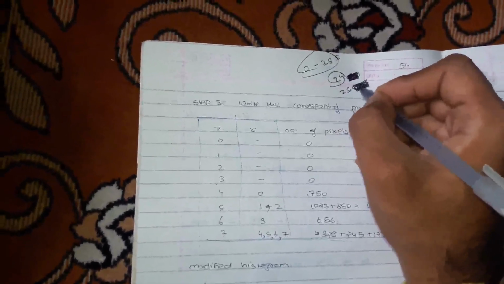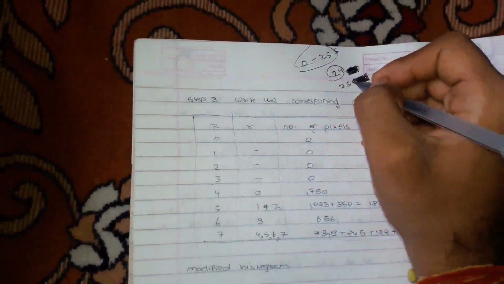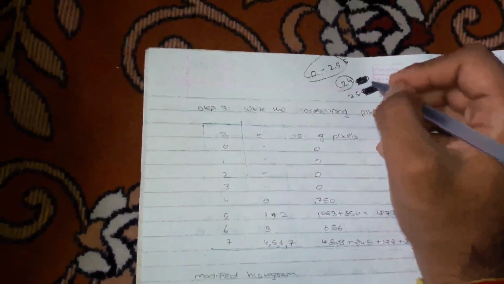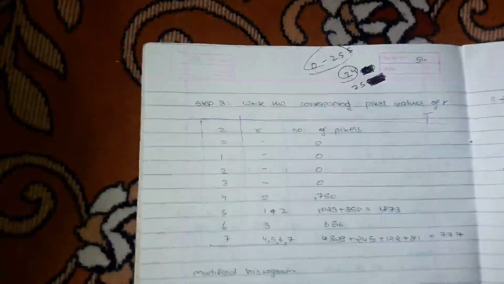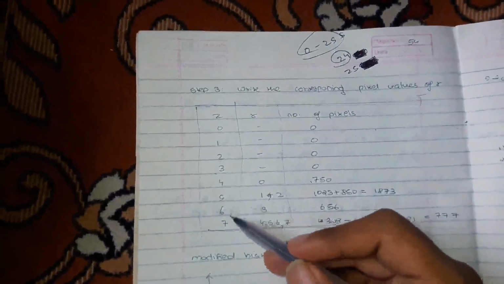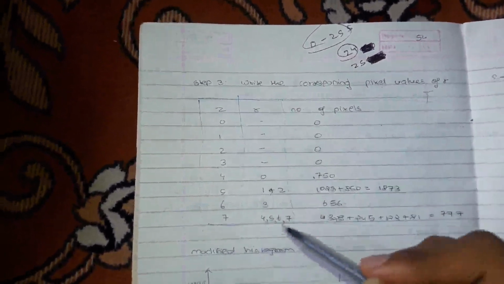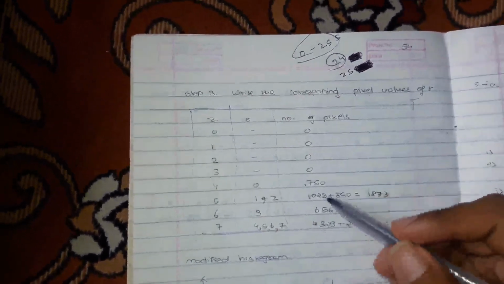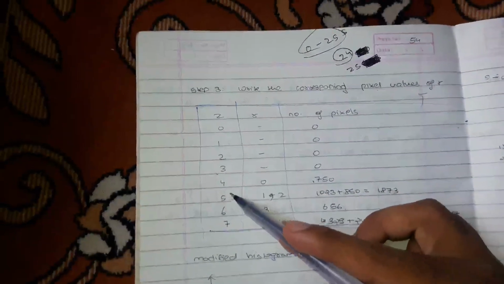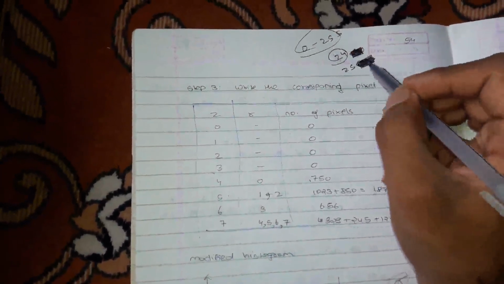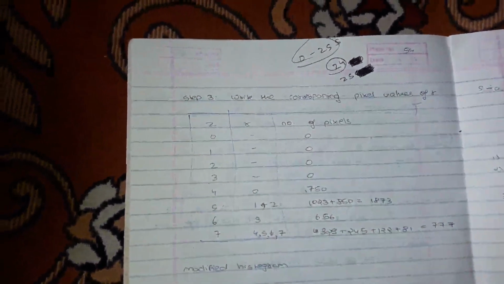By vision, or by your senses, you won't be able to distinguish between 24 and 25. Hence if there are 7 gray levels, then you could distinguish between the 5th gray level or the 6th gray level. But when you have 0 to 255, it is very difficult to distinguish.